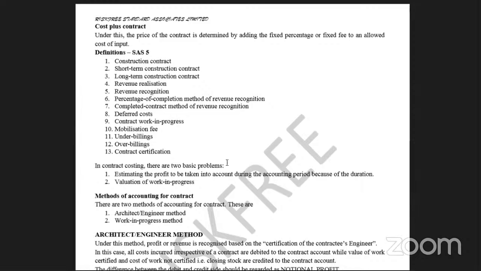So we also have what we call revenue realization. At what point will you say revenue is realized? Because when the contract is being done, the contractor must know when he is going to realize his revenue. And the revenue to be realized by the contractor depends on many factors.